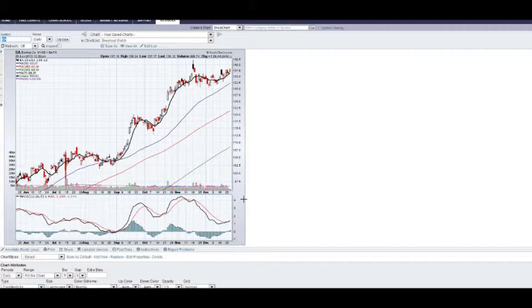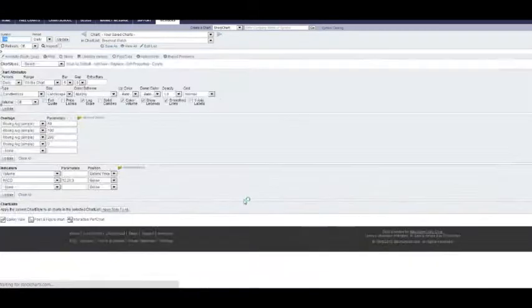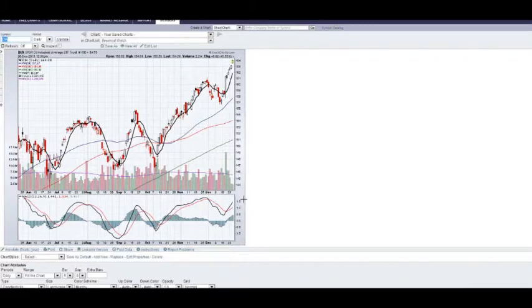Another problem with volume is the advent of ETFs. We don't have to go out and buy Boeing per se. Let's say we just want a piece of Boeing, so we buy something like the Diamonds, the DIA, the Dow 30. We're getting exposure to Boeing here without putting any volume on the Boeing chart.